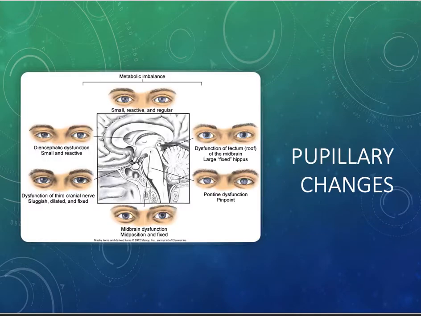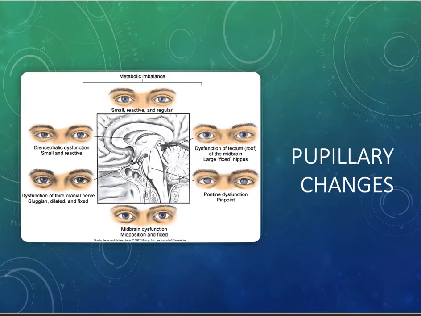All right, we also see pupillary changes. So anytime you have somebody with neuro symptoms, we always look at the pupils, right? And so certain pupillary changes mean certain things. If only one pupil is reactive and the other one doesn't react, then that means a unilateral lesion in the brain.